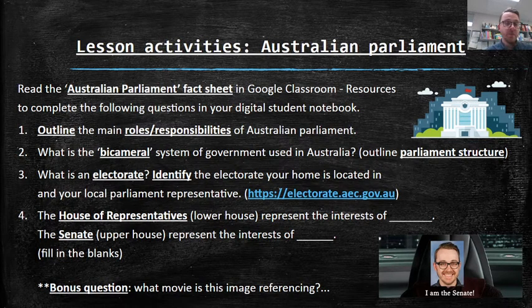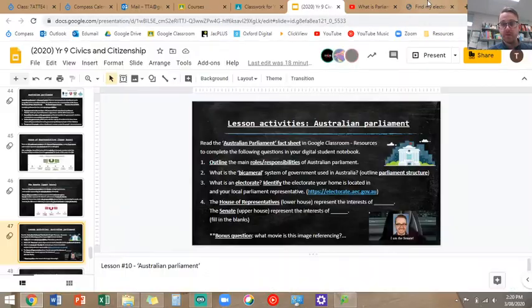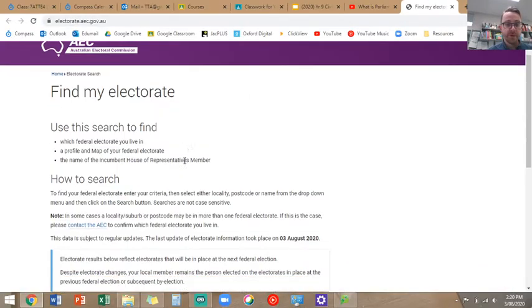Question 3, what is an electorate? You have to be careful about that one. I'm sure a lot of people are just going to say Glen Waverley. It's not. What is an electorate? And then identify the electorate that your home is located in and that your local parliament member is representing. So if you use that website there, it takes you to this useful website here. Find my electorate.